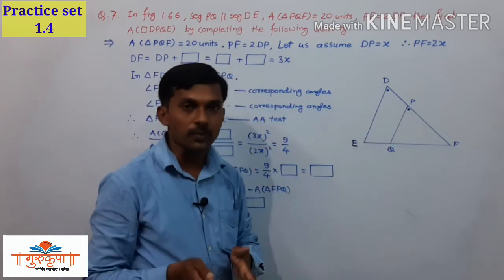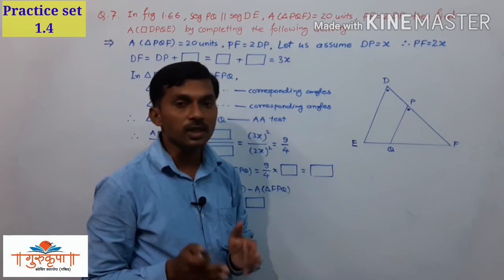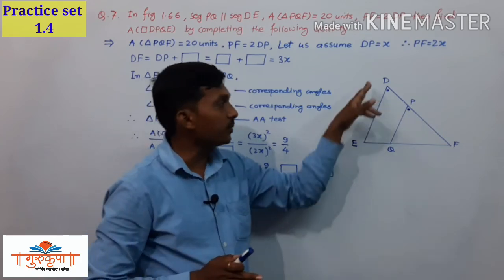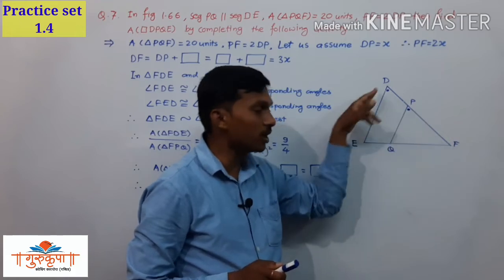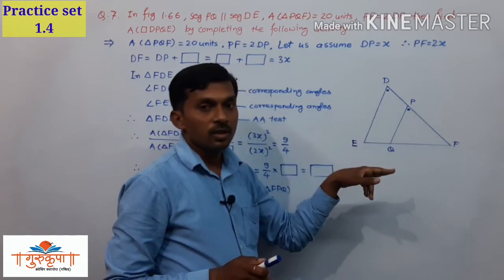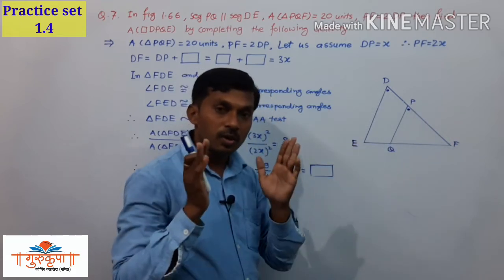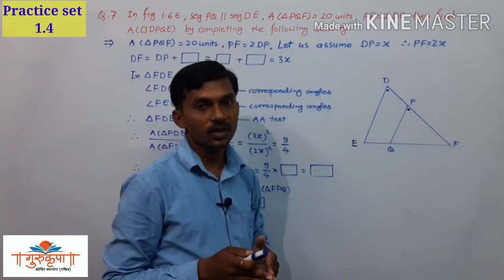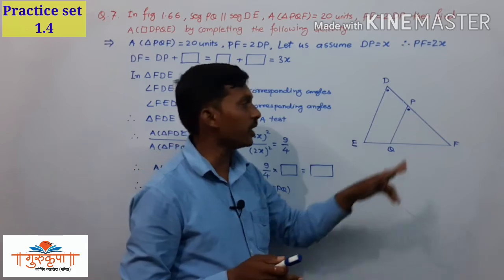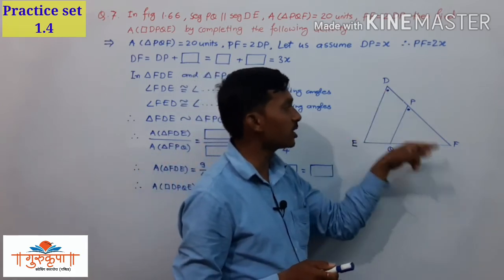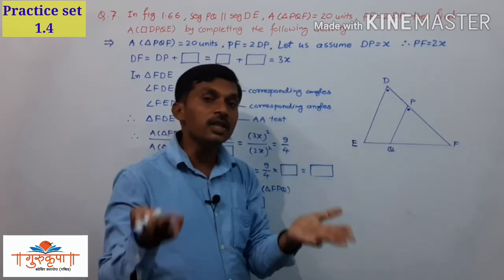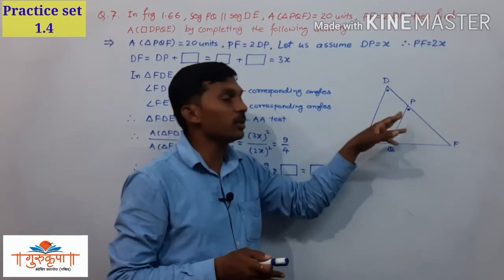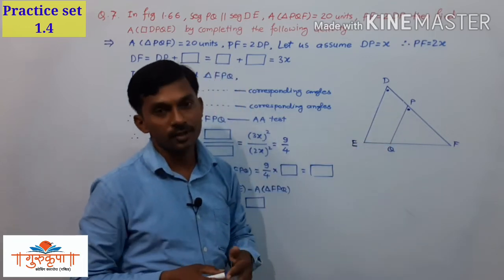In the first step, what do we have to do? Since our answer is related to the areas of those two triangles, we have to use the theorem on the ratio of the areas of two similar triangles. But before using that theorem, we have to prove that these two triangles are similar, and we can easily prove that by the AA test.